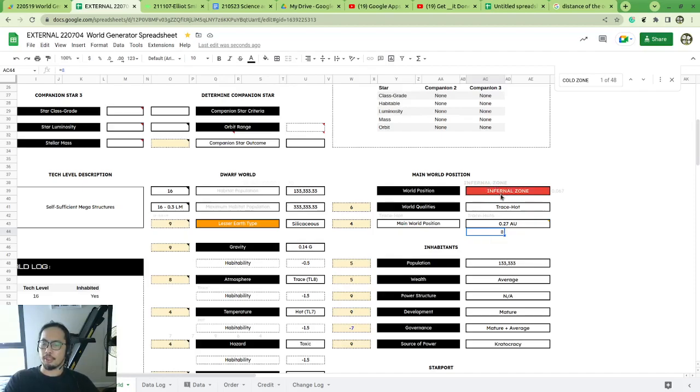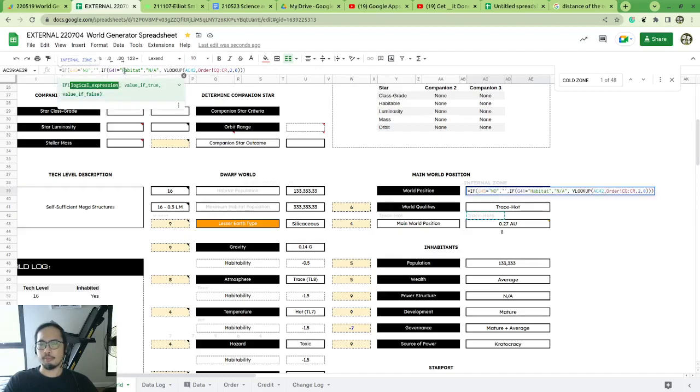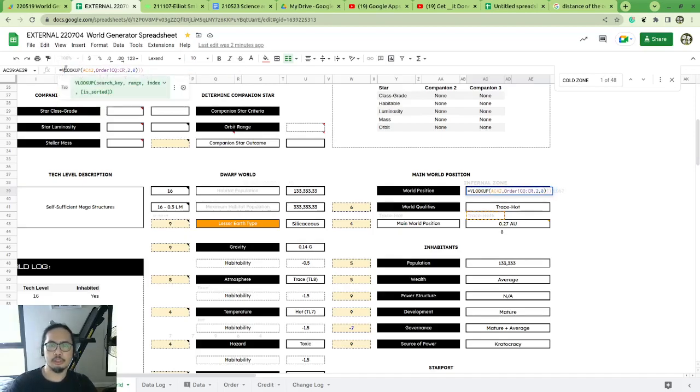I have to find out like this infernal zone. So it does a VLOOKUP if it's a habitat. Doesn't matter if it's a habitat. No, it shouldn't matter.